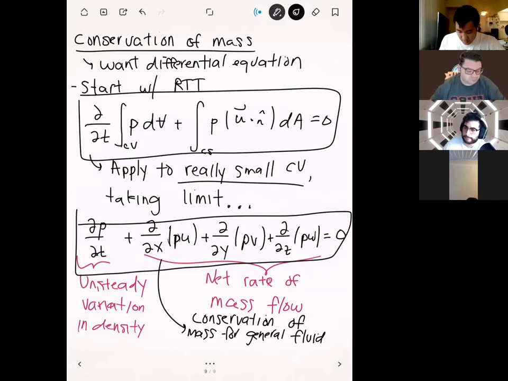Okay, and so this expression right here, we can actually apply this differential equation for any fluid. That includes compressible flow, which is really important. But remember, for this class, most of the time we assume the flow is incompressible, just for mathematical simplicity. For incompressible flows, we have a much simpler expression for conservation of mass.